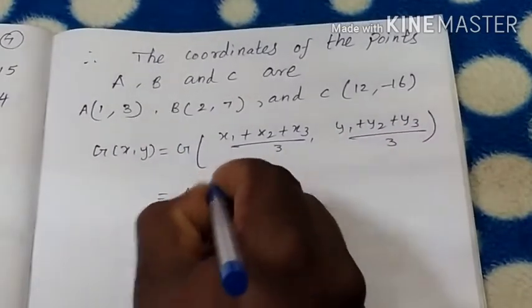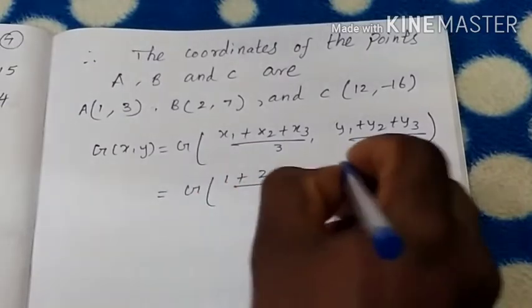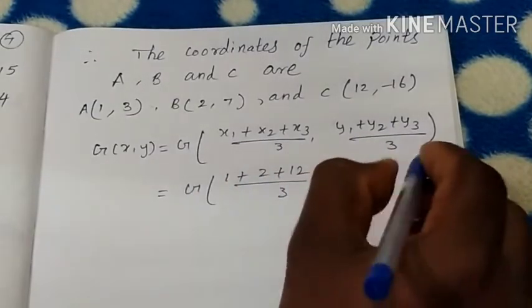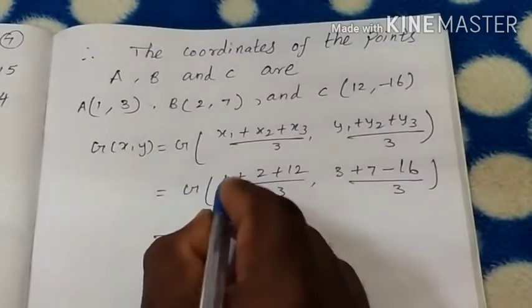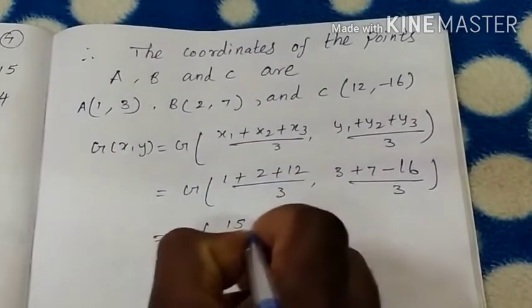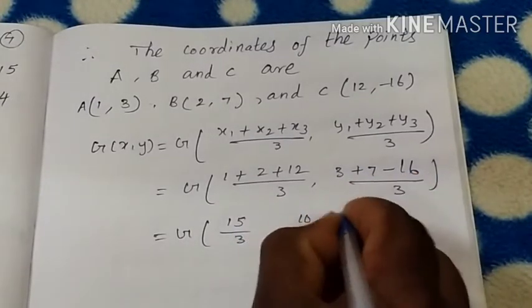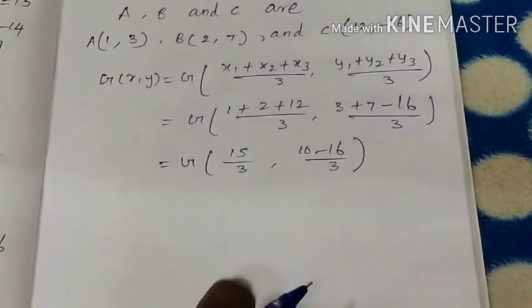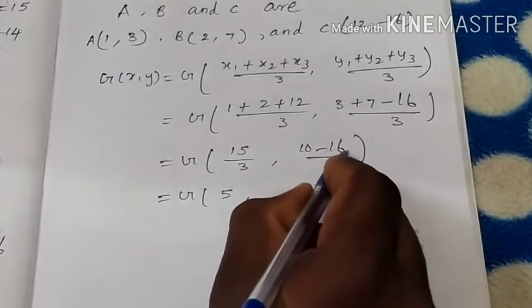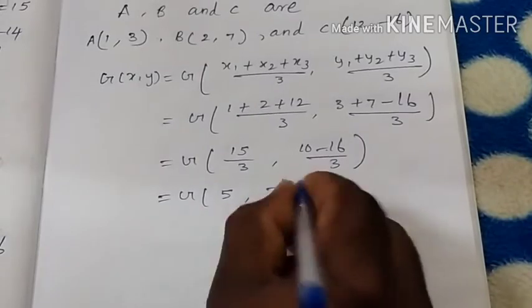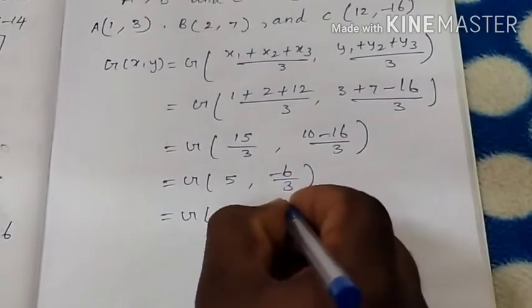Okay, which is equal to G(15/3, (10 - 16)/3), which is G(3 fives are 15, -6/3), which is G(5, -2).